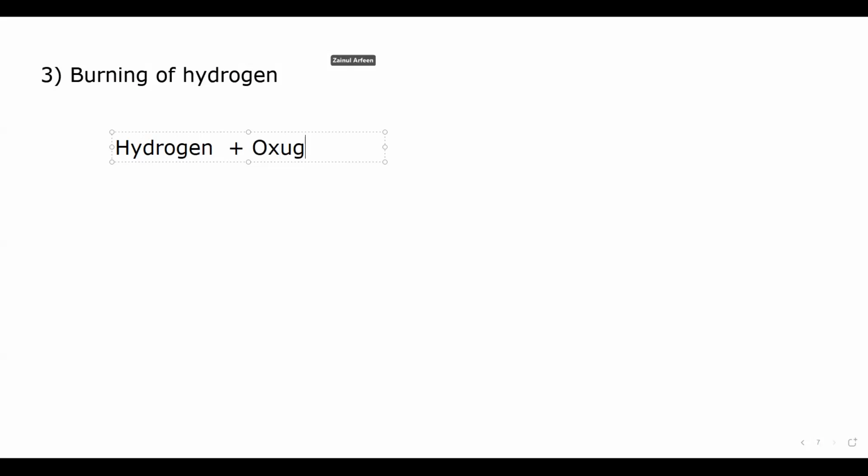Another question, burning of hydrogen. When we burn hydrogen, I will write the equation: hydrogen is burned in the presence of oxygen to give water as a product.